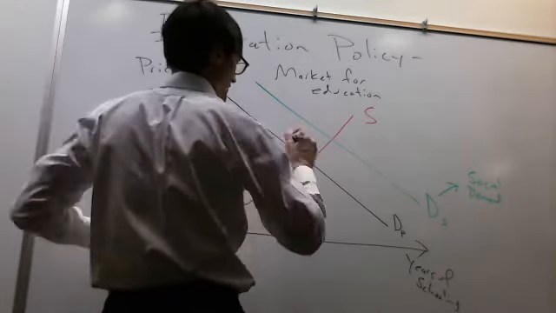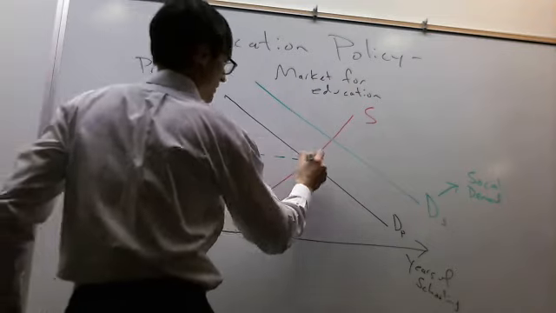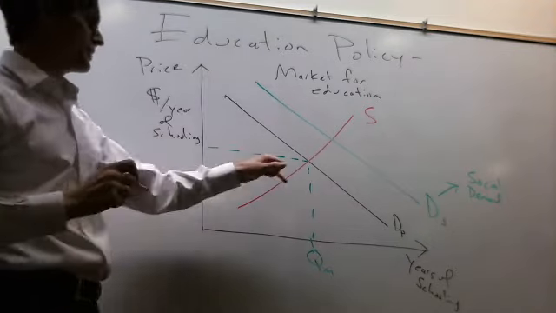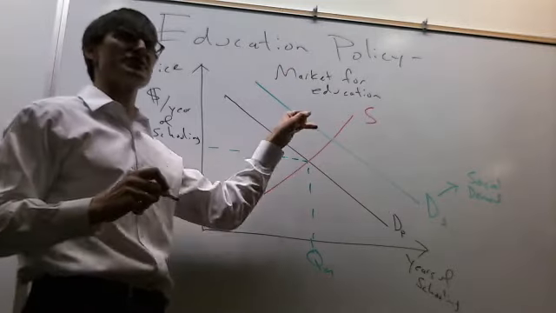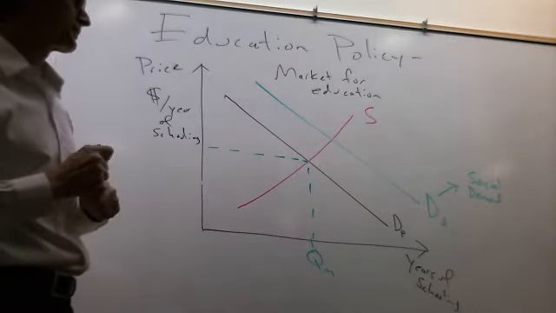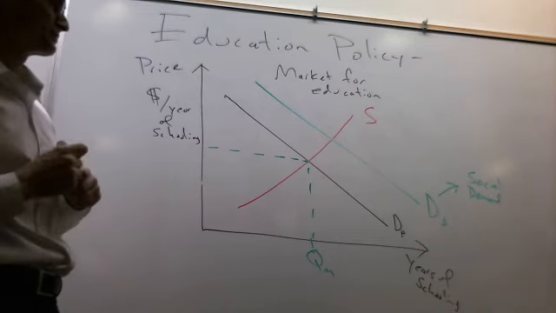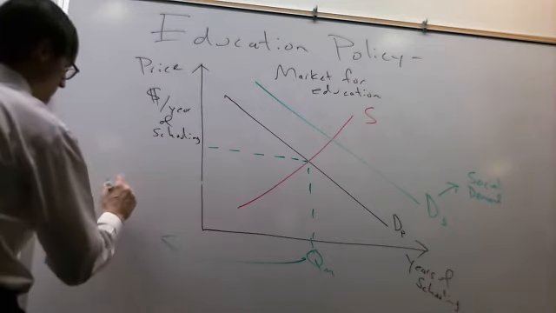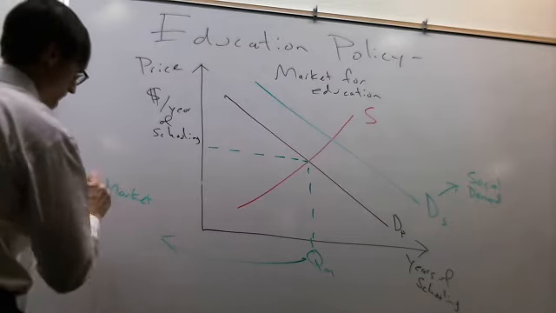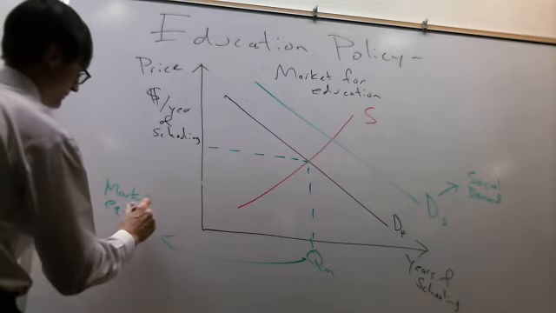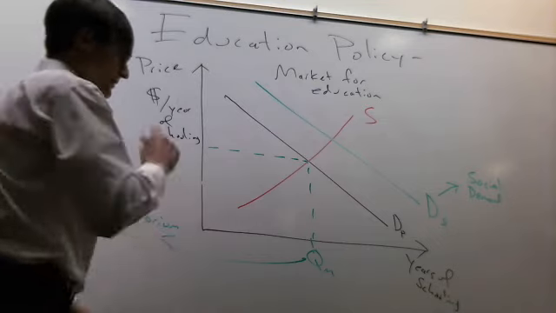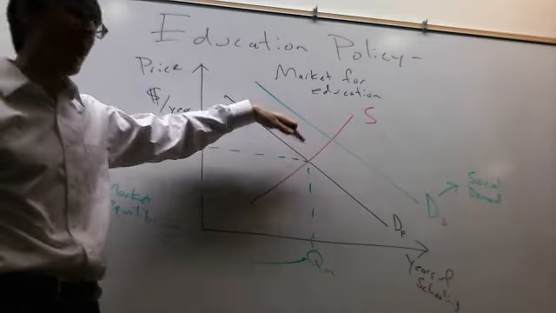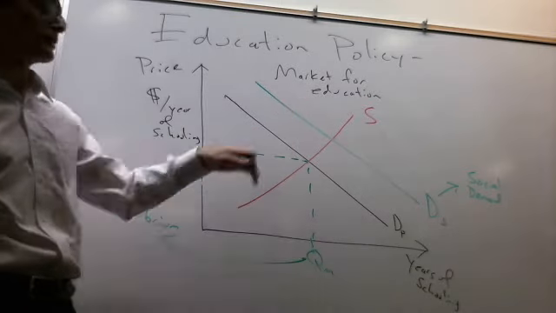That would only happen at this point right here, where we get Q market, right? Because then it would just be the private demand and the private supply. So QM gives us what the private market would give us without any additional government support, right?